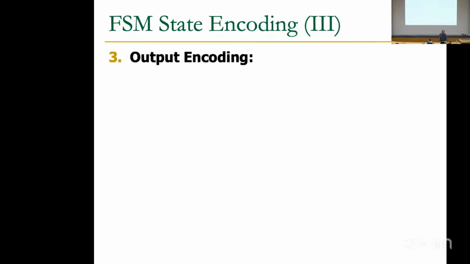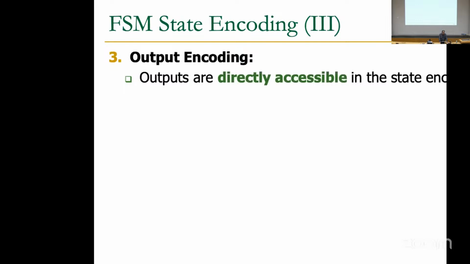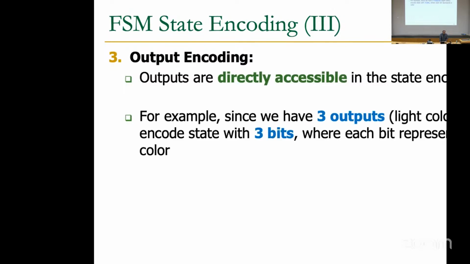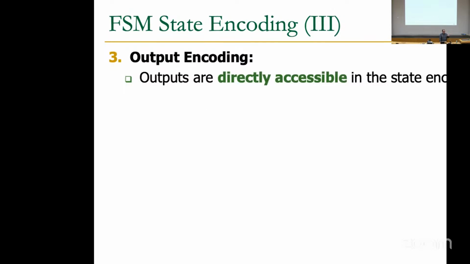There is also another way of encoding, which is output encoding, which is usually possible for Moore machines. In a Moore machine, we know that outputs are only dependent on the state, right? So you can make them directly accessible in the state encoding.